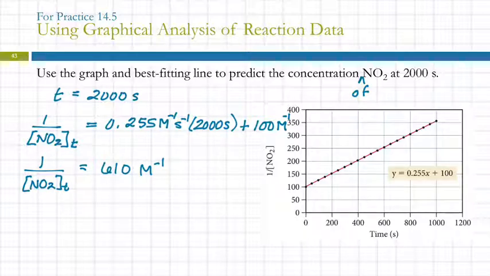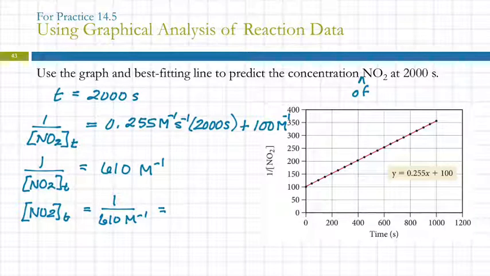So how do I find out what the concentration is? I do the reciprocal of both sides. I upside down both sides. So the concentration of NO2 then is 1 over 610.